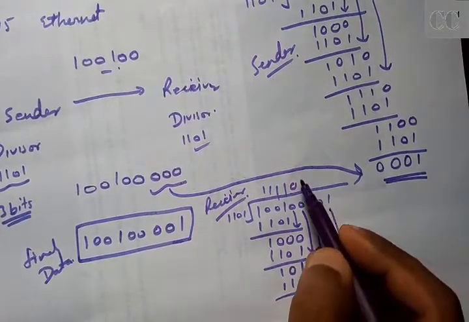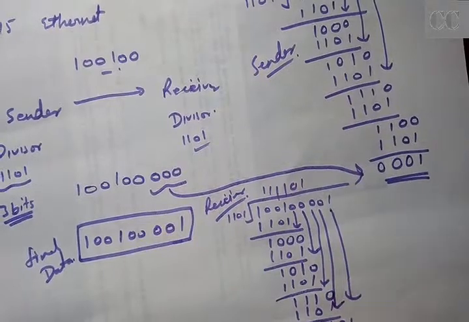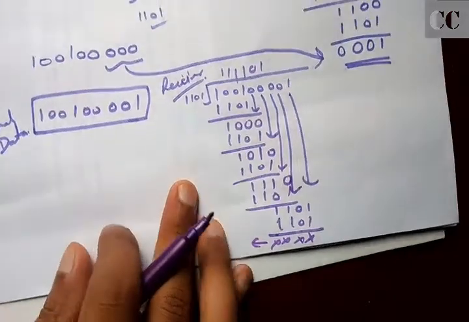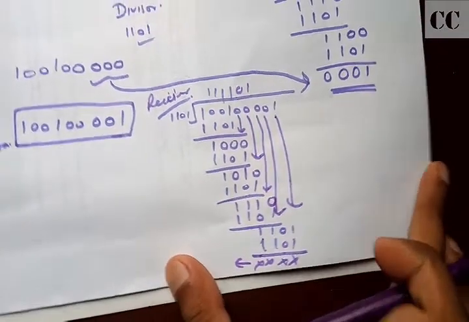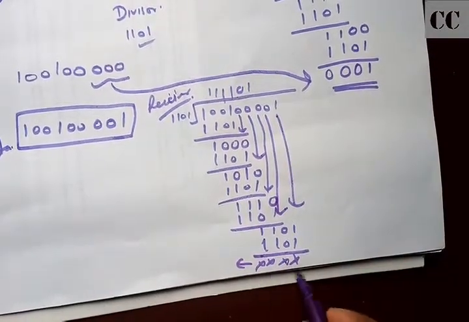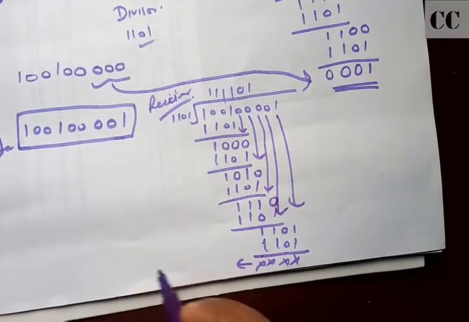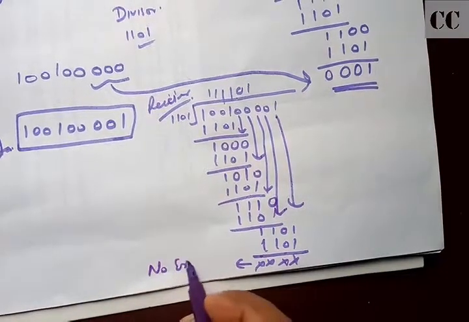So once 1101. Now here we don't have any remainder, it is all 0, everything will be 0. Now I hope it is visible. When the output is altogether 0, we consider that there is no error, there is 0 error.